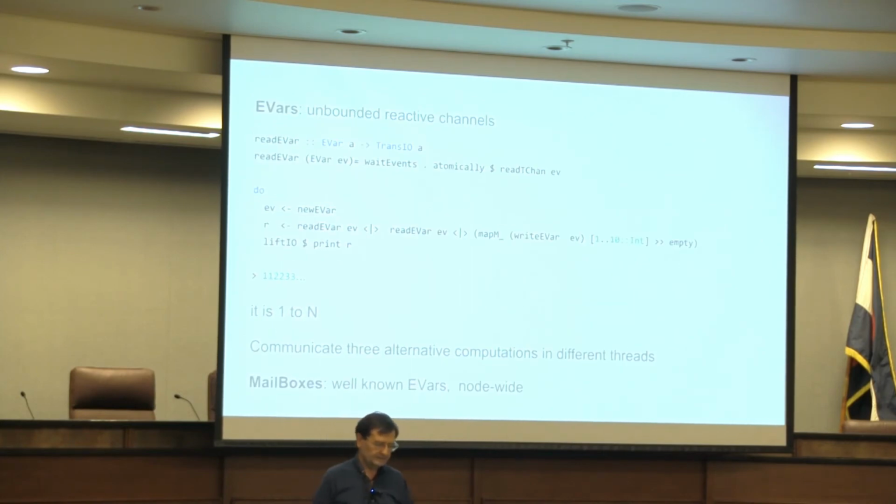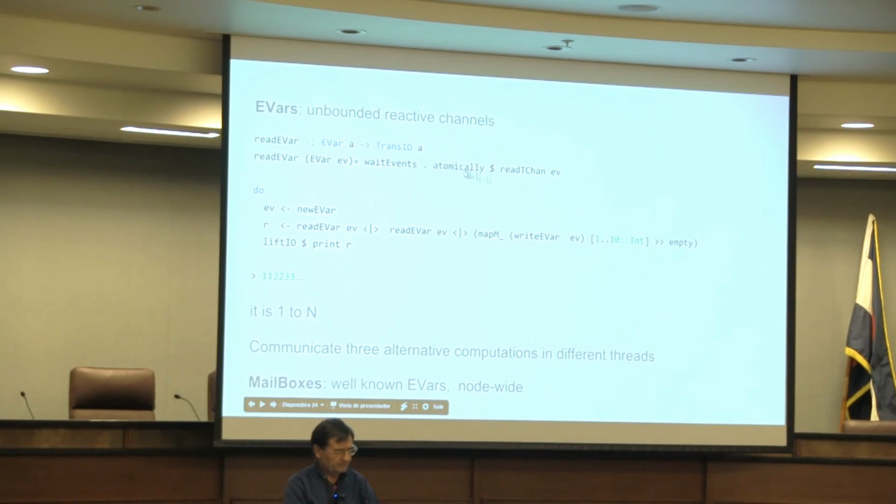EVars are for communicating different branches of the computation, because each branch is running in one thread. Imagine that you have two programs, each one running on its own side, and they have to communicate. You use a channel that connects both. These channels are reactive, because a reactive var is a wait event that reads from a channel.